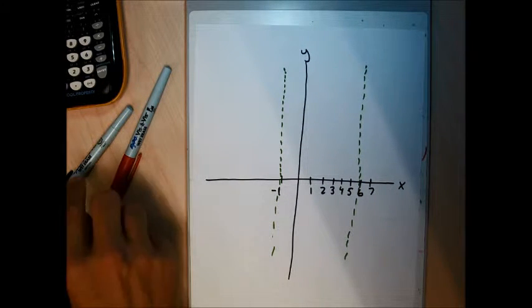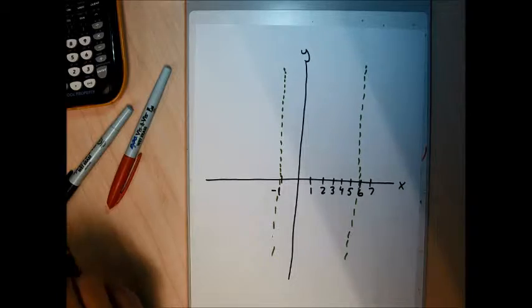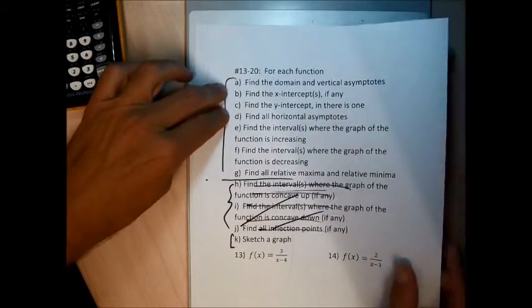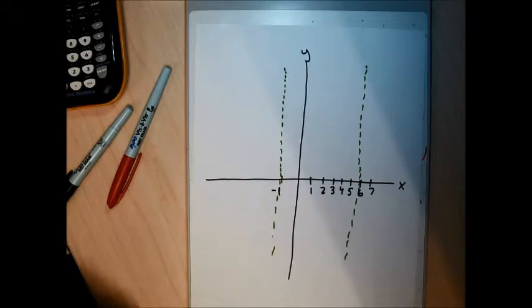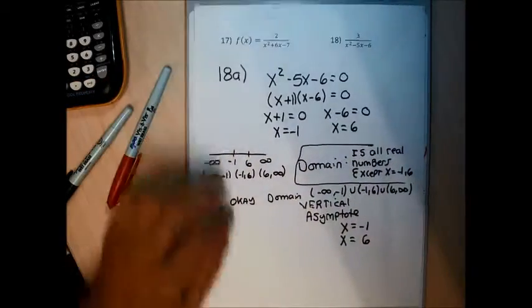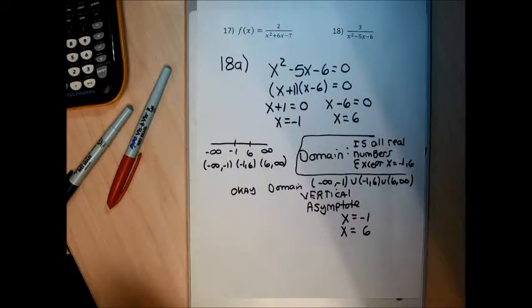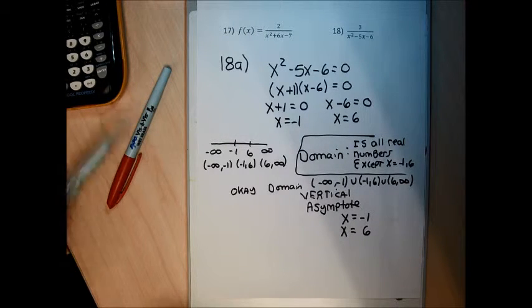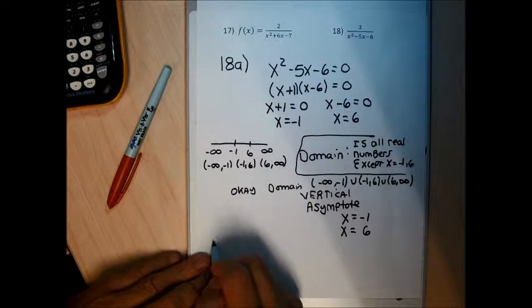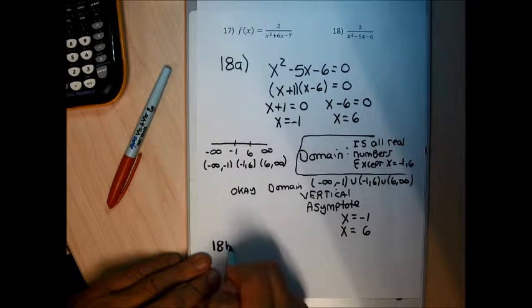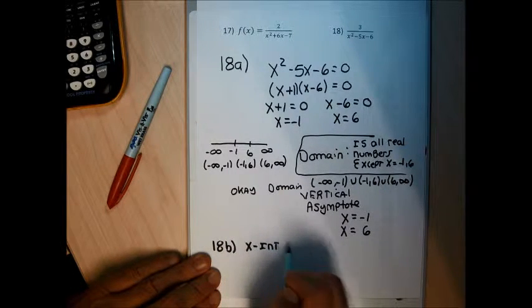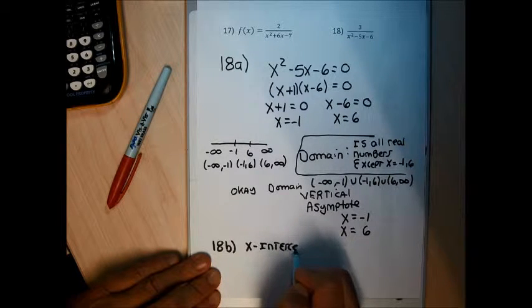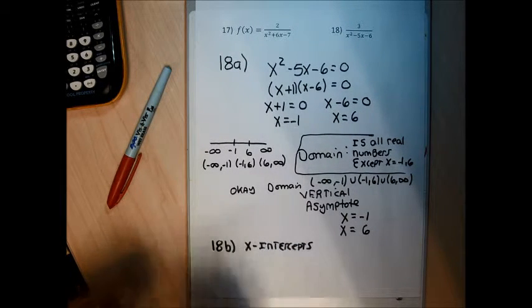Next thing I want to do is the intercepts. Part B and part C want me to find the x and the y-intercepts. And for a fraction, to do the x-intercepts, it's enough just to set the numerator equal to 0, or you can set the whole fraction equal to 0. So for 18 part B, the easiest way to do it is just to set the numerator equal to 0.